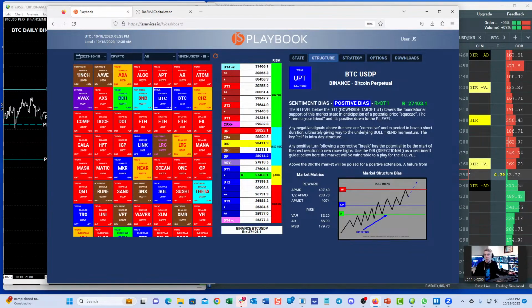So if you get on some momentum in the microstructure, Bitcoin is moving in basically $407 segment moves at APMDs. So at the very minimum, you want to take a half segment out. At the very minimum, you're looking to make $200 on a trade. It's just what the market's giving you. You might as well take it.